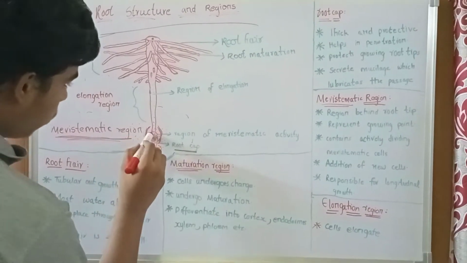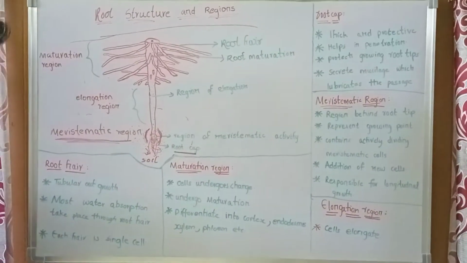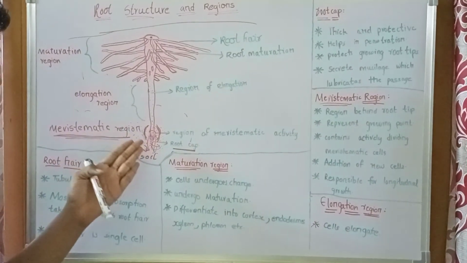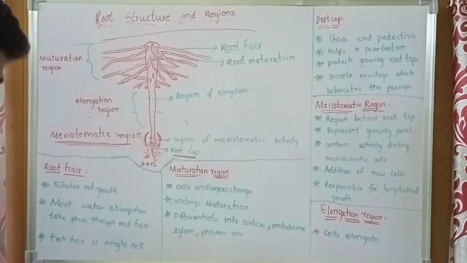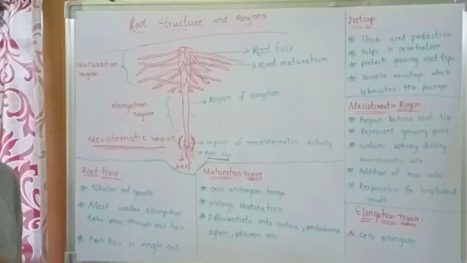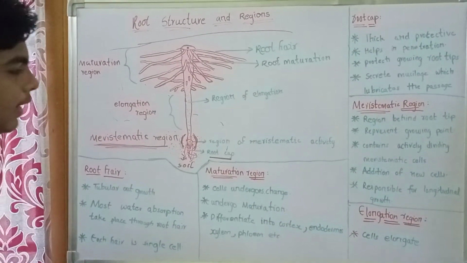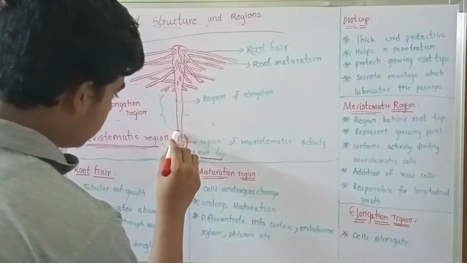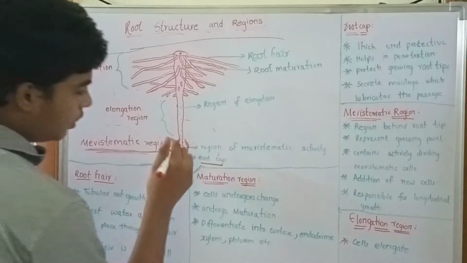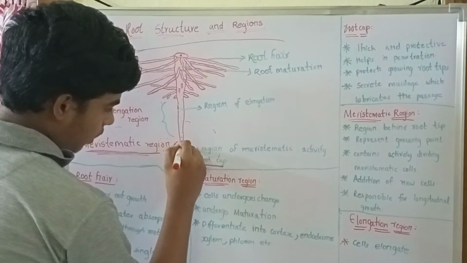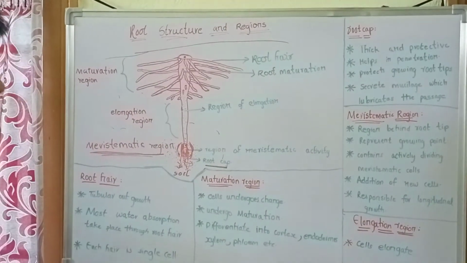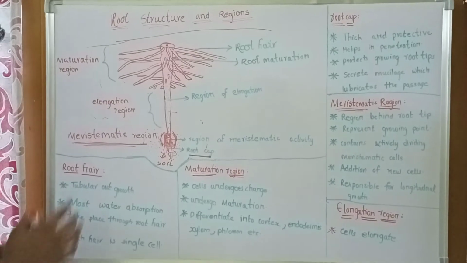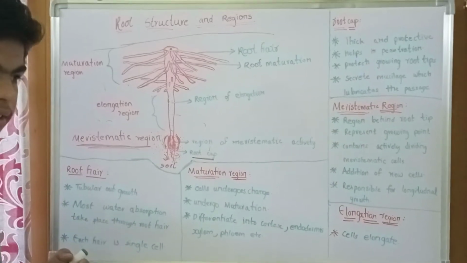It represents the growing point because here active cell division takes place. The meristematic region contains actively dividing meristematic cells, which help in the division. Next, after the division, what is the process?